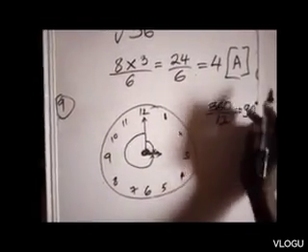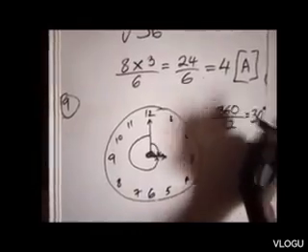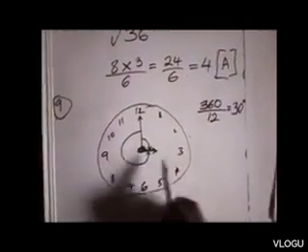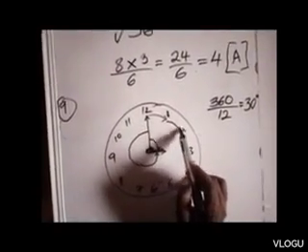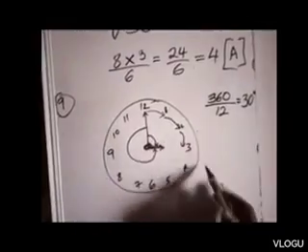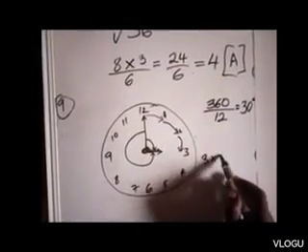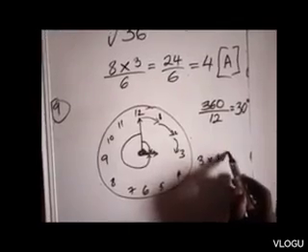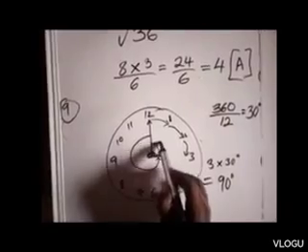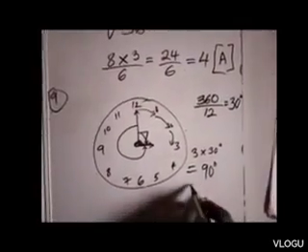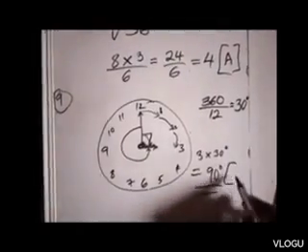Now 3 o'clock means you are moving 1, 2, 3, and that is 3 multiplied by 30, which is 90 degrees. And as you can see, this is the right angle, 90 degrees. That's option A.